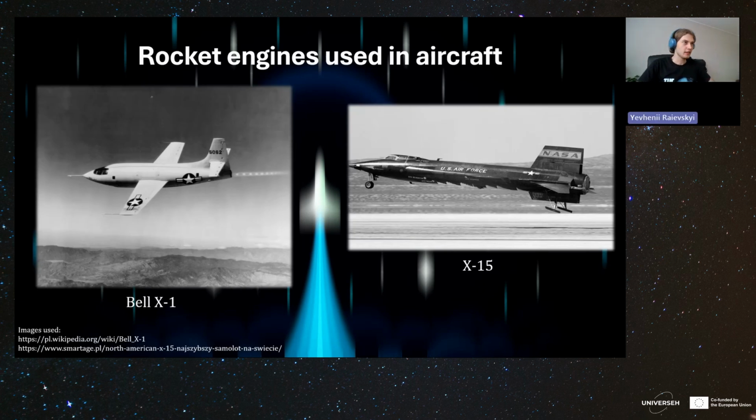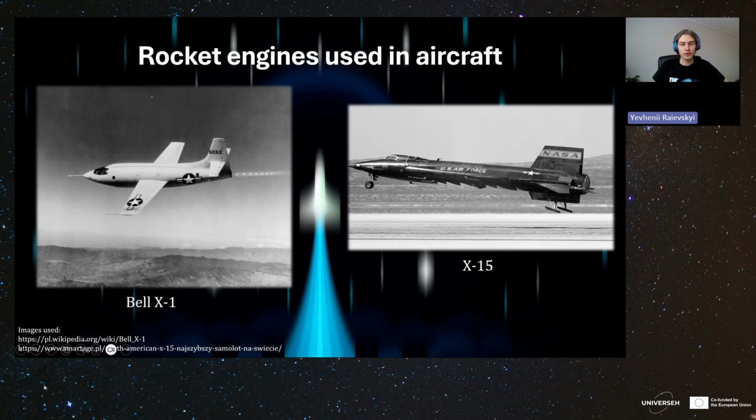Of course, I separated those aircraft engines and rocket engines, but there were some airplanes which used rocket engines actually, and they also may power some types of high-speed aircraft. The first aircraft to break the speed of sound, this one, was powered by a rocket engine.